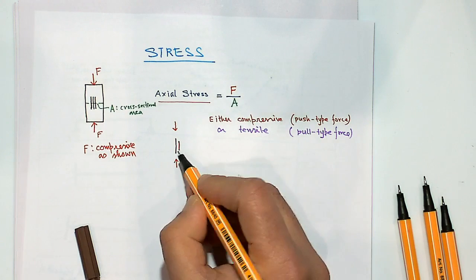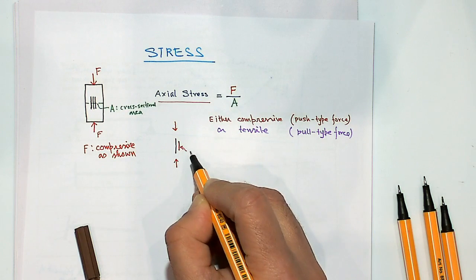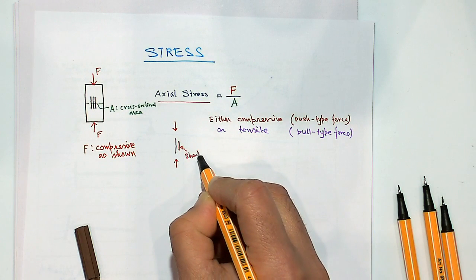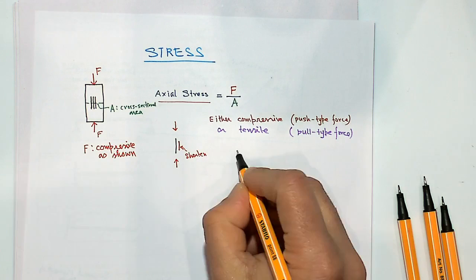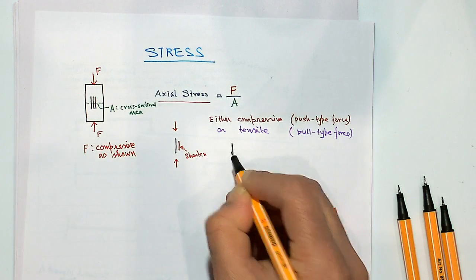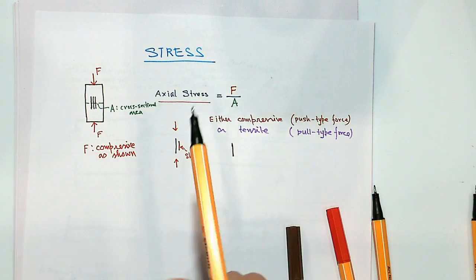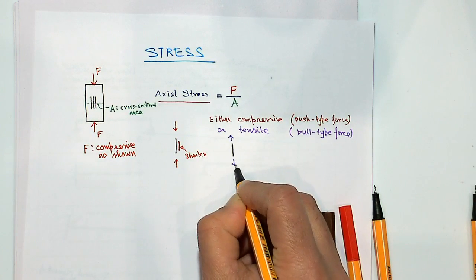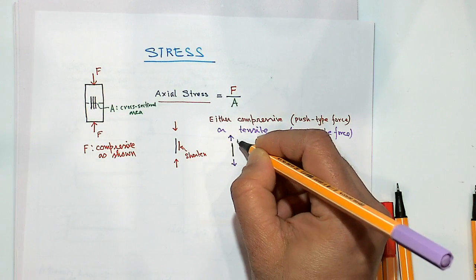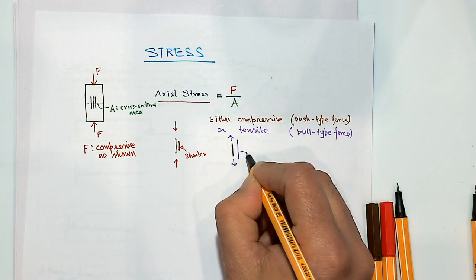This strand will shorten. So the stress acts along the perpendicular direction. Now, if this strand was under tensile force, that will elongate.